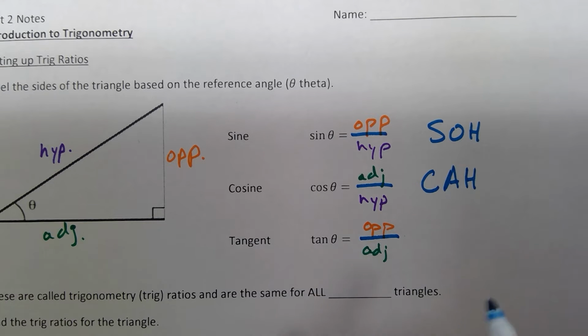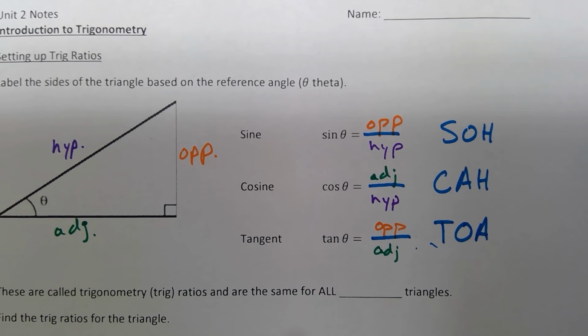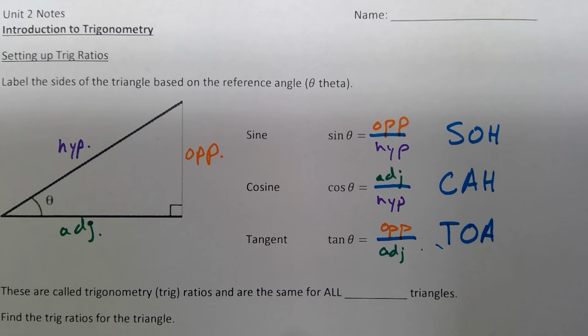And then for tangent, we have TOA. Tangent is opposite over adjacent. So we can remember the acronym SOHCAHTOA in order for us to remember what our sine, cosine, and tangent ratios are. Okay? So if that helps, go ahead and use that to memorize your sine, cosine, and tangent ratios. If you have a different way, that's fine for you to use as well.